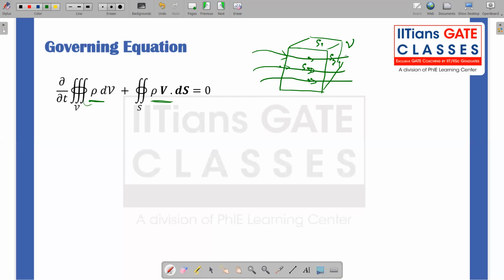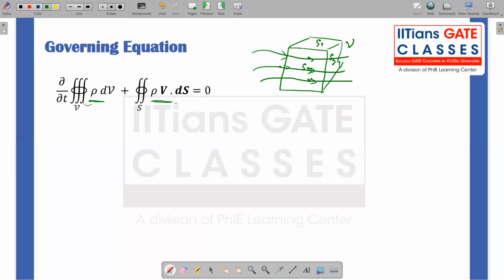It can be any random shape per se, but it is enclosed by a control surface. So this integral is telling about the flux coming out or coming in through the control surfaces enclosing the volume. It's a closed volume.